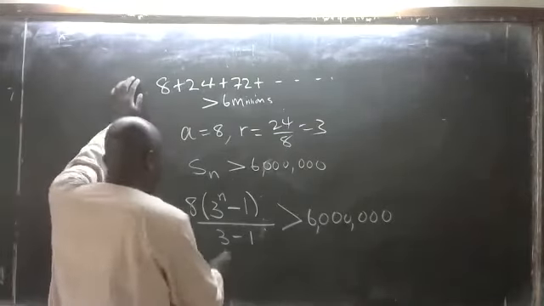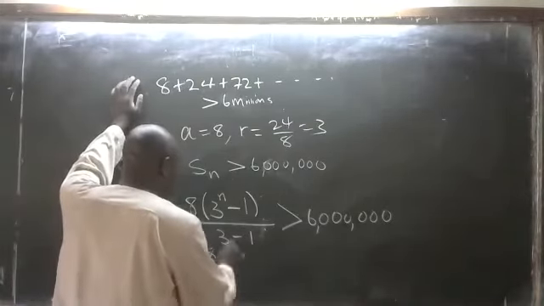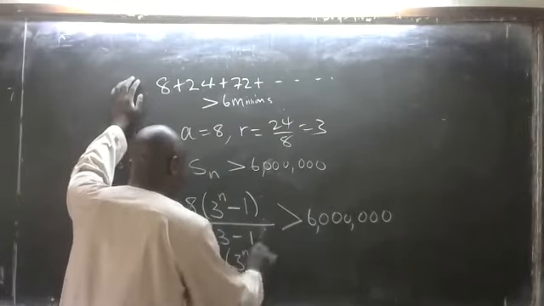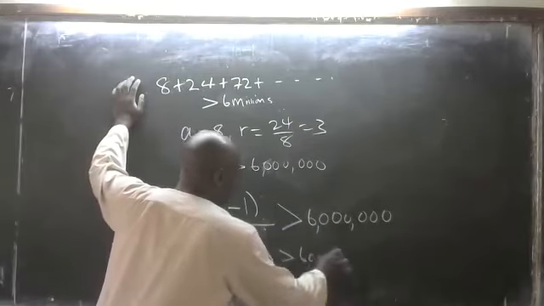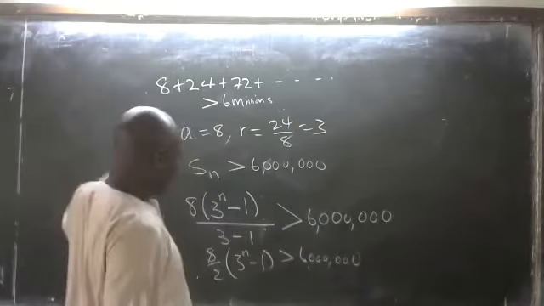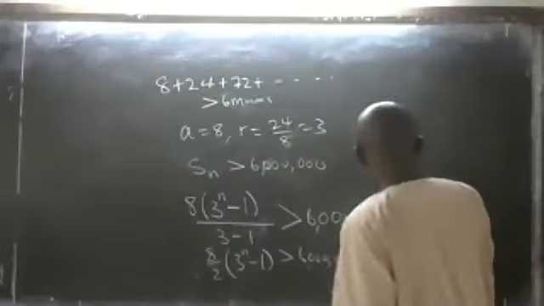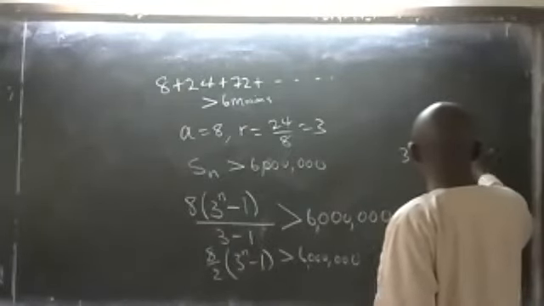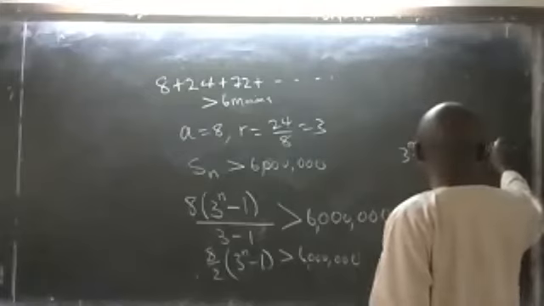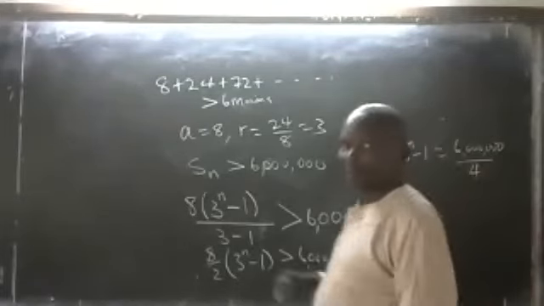So we shall have 8 over 2, 3 power N minus 1 greater than 6 million. Then 3 power N minus 1 is greater than 6 million divided by 4.